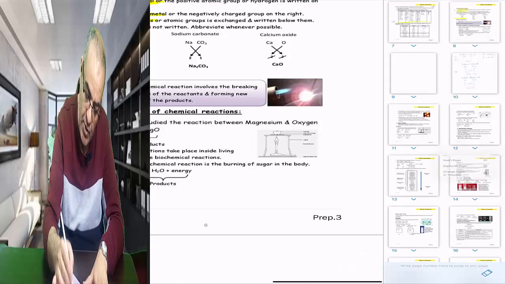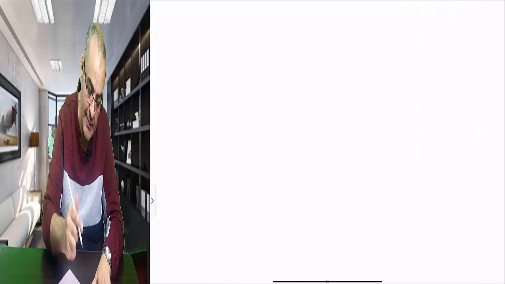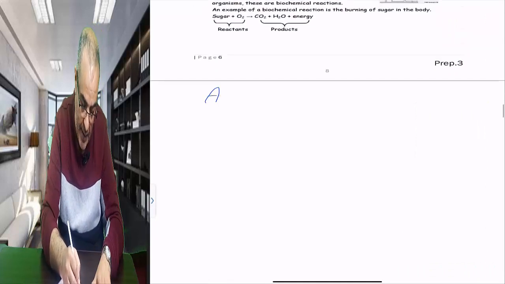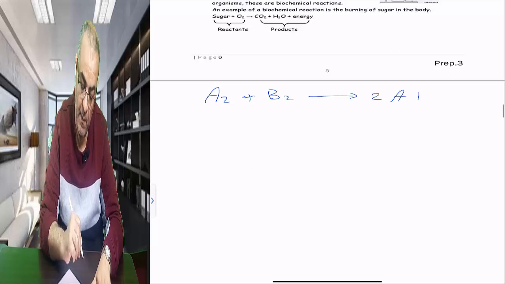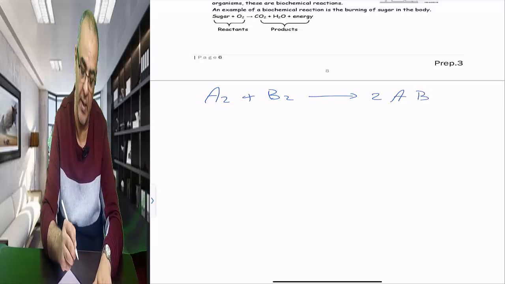Add a new page here. If we set A2 plus B2, it forms 2AB. This is called the molecular formula.